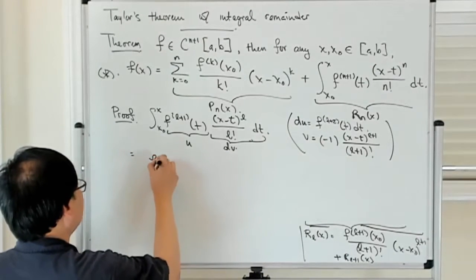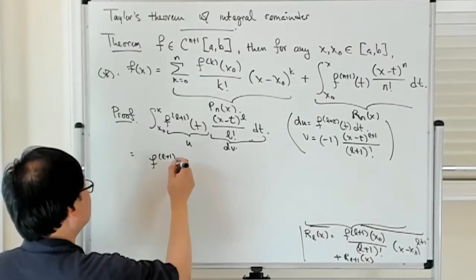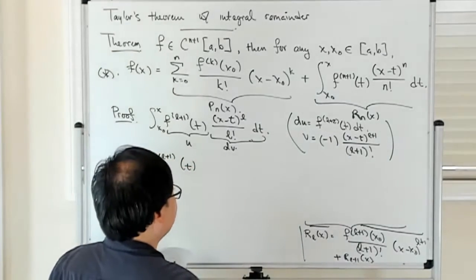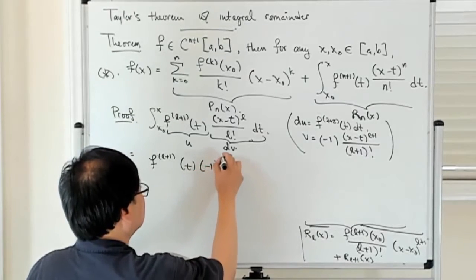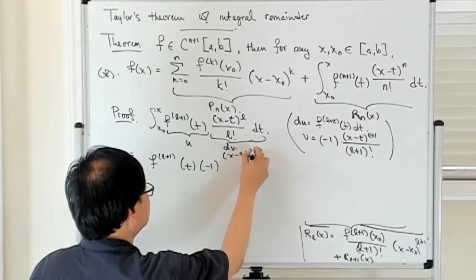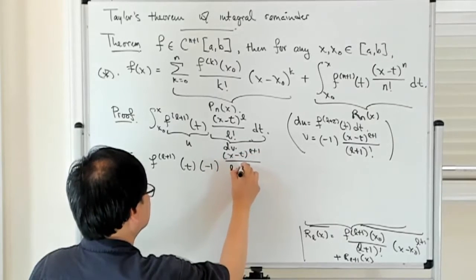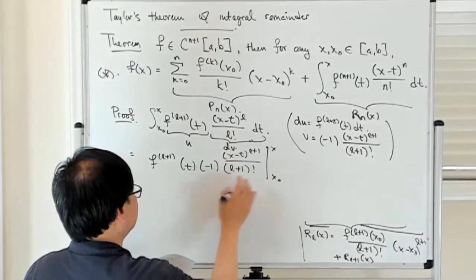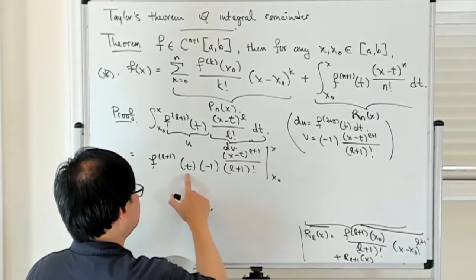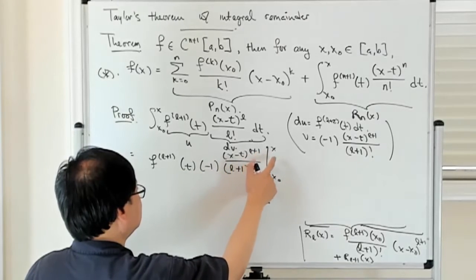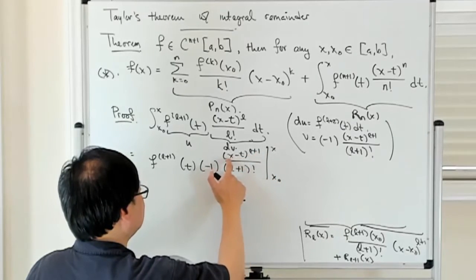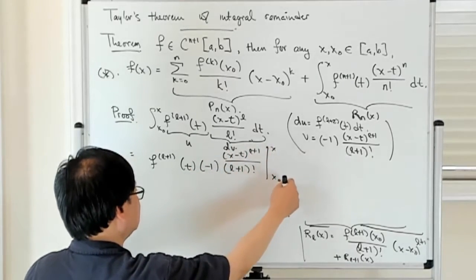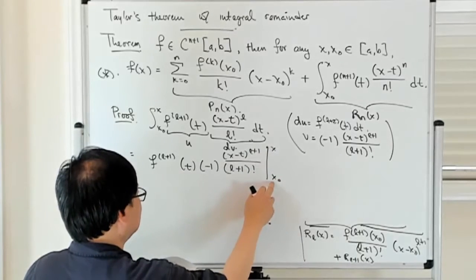So you have f^(L+1) at t multiplied by minus (x minus t)^(L+1) over (L+1) factorial, evaluated at x and x0. When you substitute t equal to x, you get x minus x, so that term vanishes. The first term vanishes, and the only non-vanishing term is this other term.